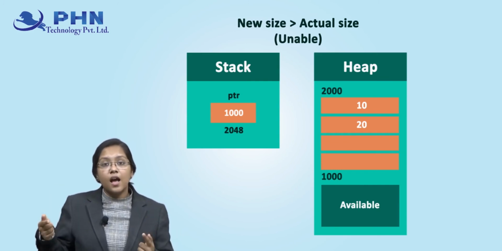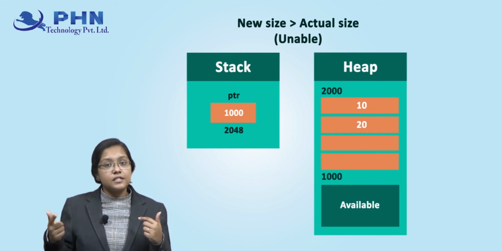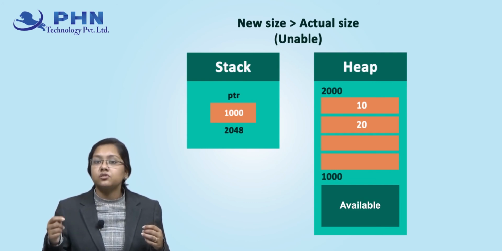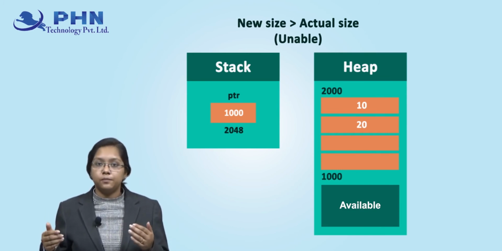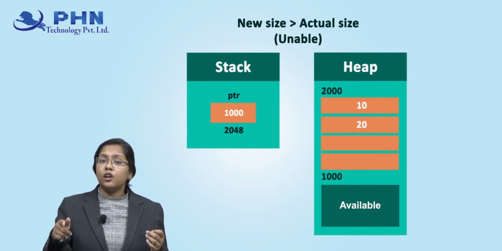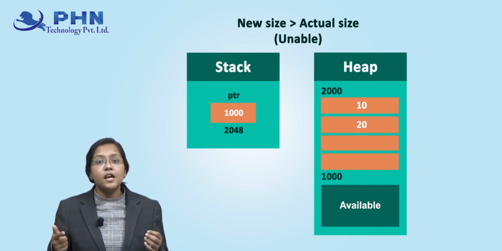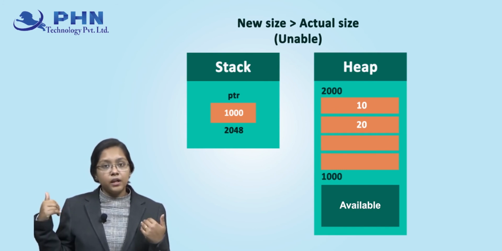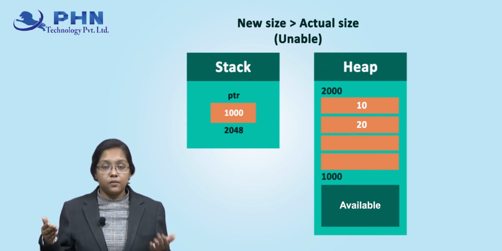So this is how the process is done when, for your realloc, the new size is greater than your actual size and you are unable to expand the memory. At that time, realloc directly finds the new available space, copies the memory over there, deletes the previous memory, and then expands likewise.